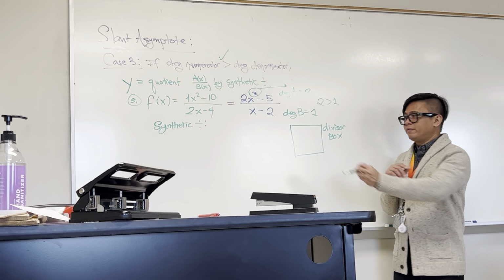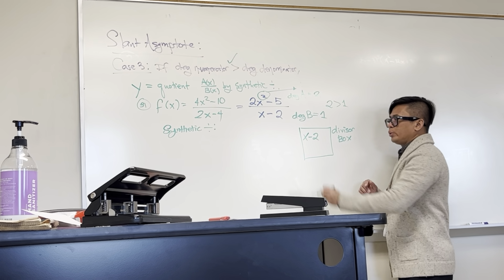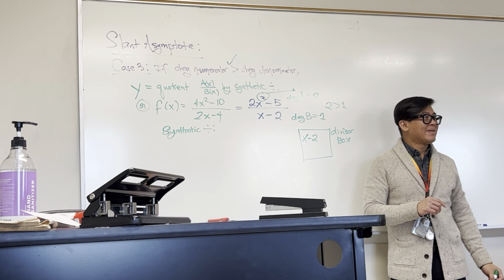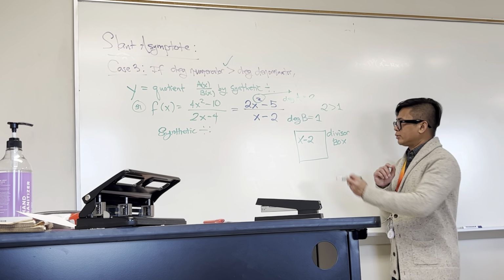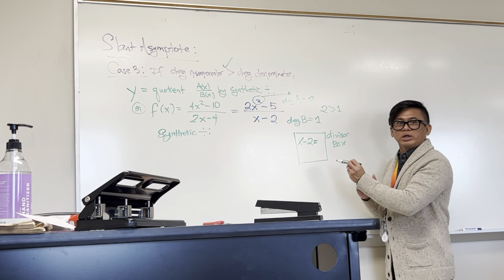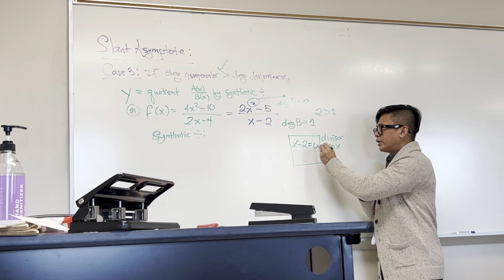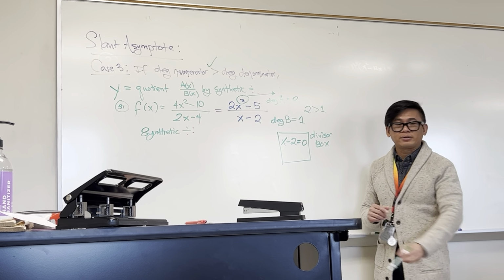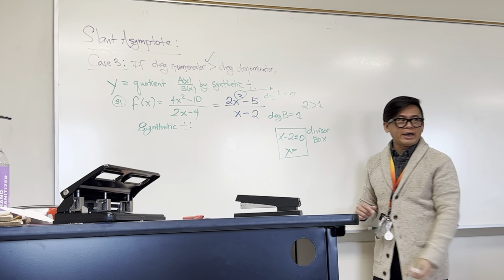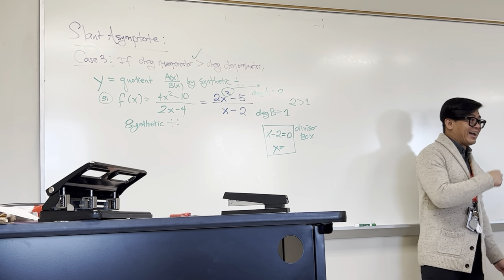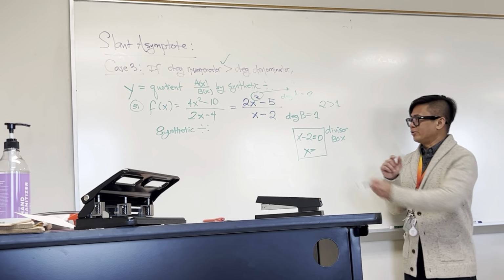The x minus 2, very good. And what do you do with that x minus 2? You solve it by equating it to 0. What x value will you get from here? 2, very good.